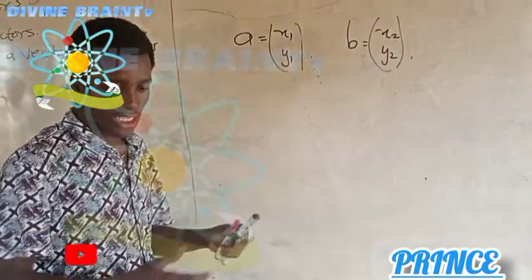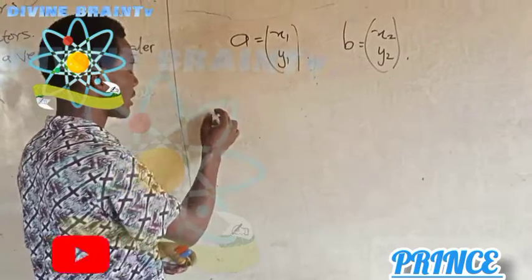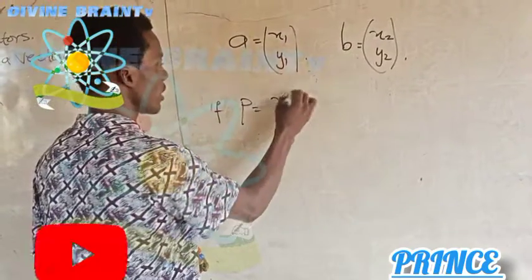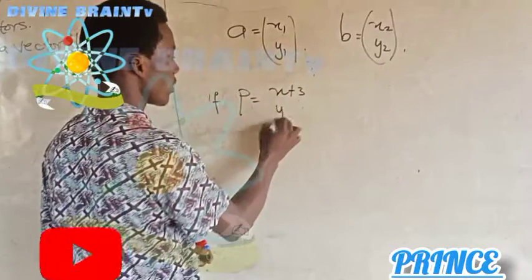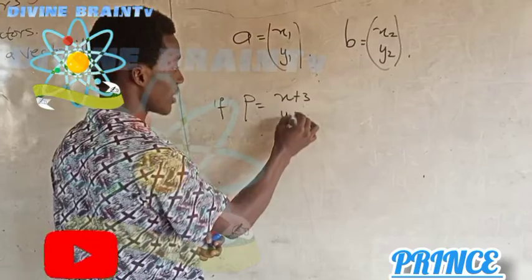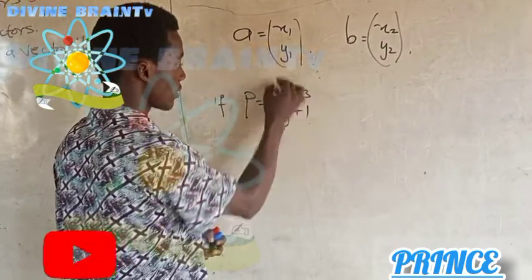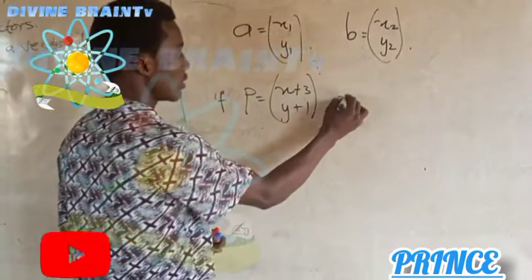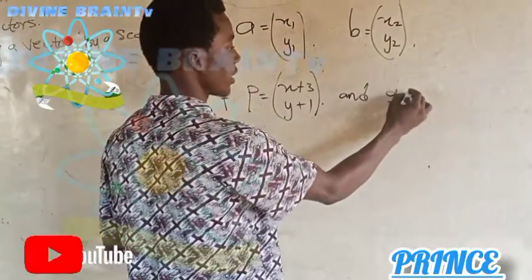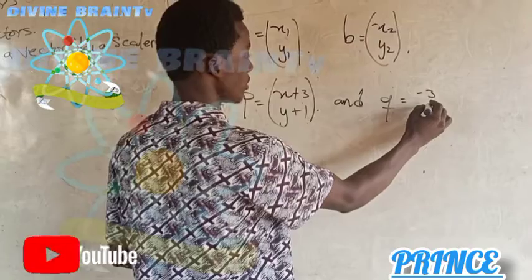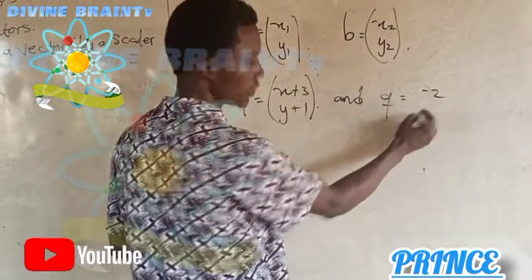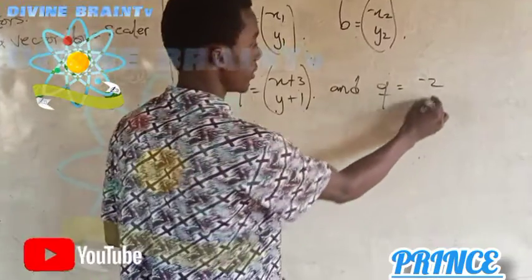Alright, so let's take this example. Say that vector P is equal to (x plus 3, y plus 1), and vector Q is equal to (minus 2, 3).